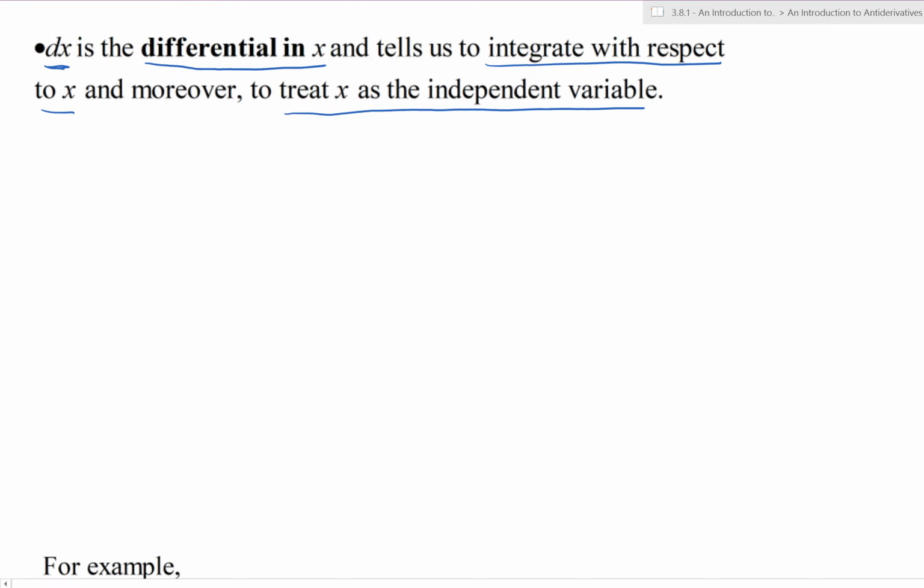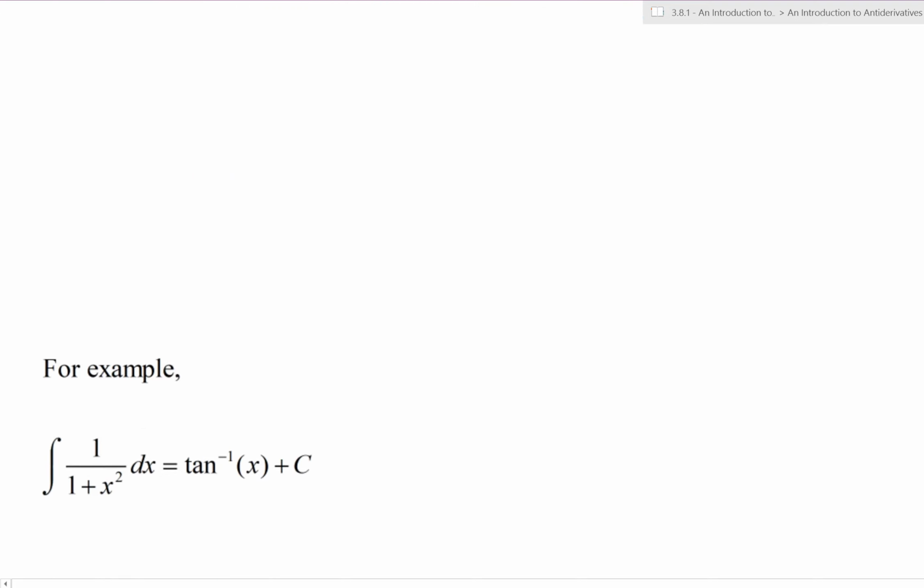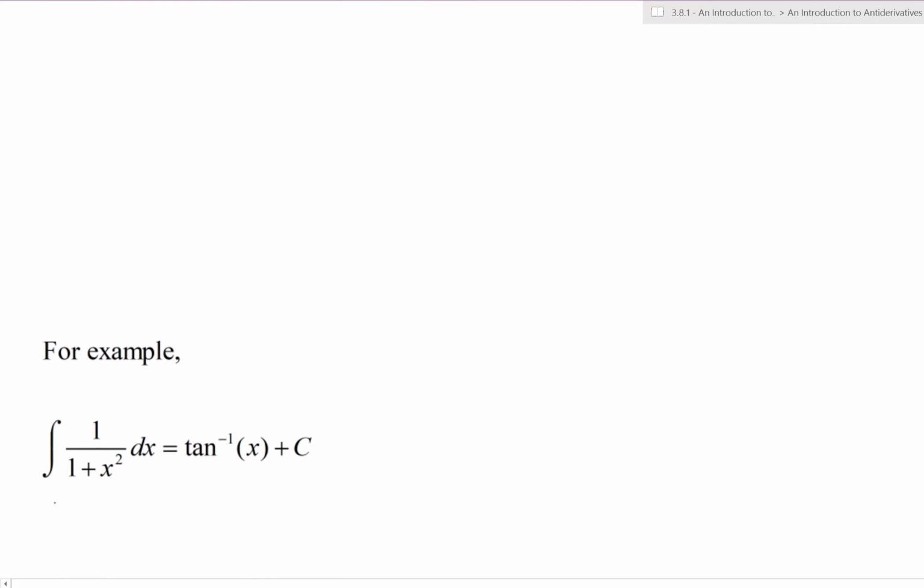And just to see a couple of quick examples before we finish the video. For instance, if I'm given the indefinite integral of 1 divided by 1 plus x squared dx, then that is the family of curves inverse tangent of x plus some constant. Why?